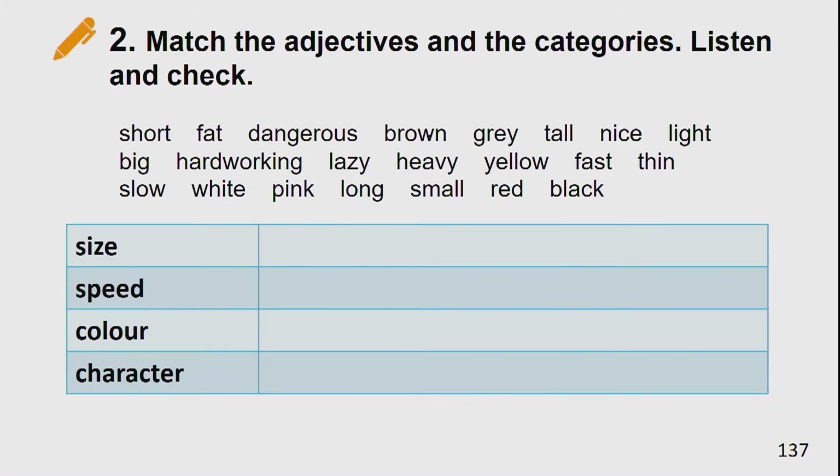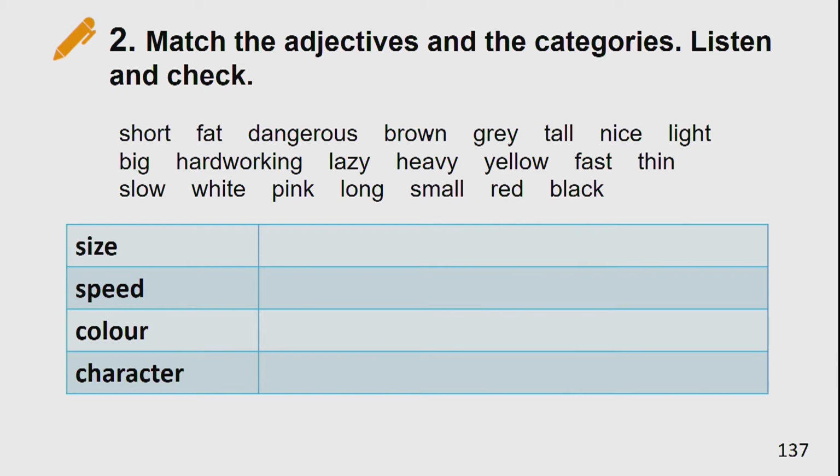Look at the words in the box. Some of these words describe size. For example, big. Some describe speed or color. For example, fast is for speed, pink is for color. And then we have character. It means what something is like. For example, nice. It's for character.